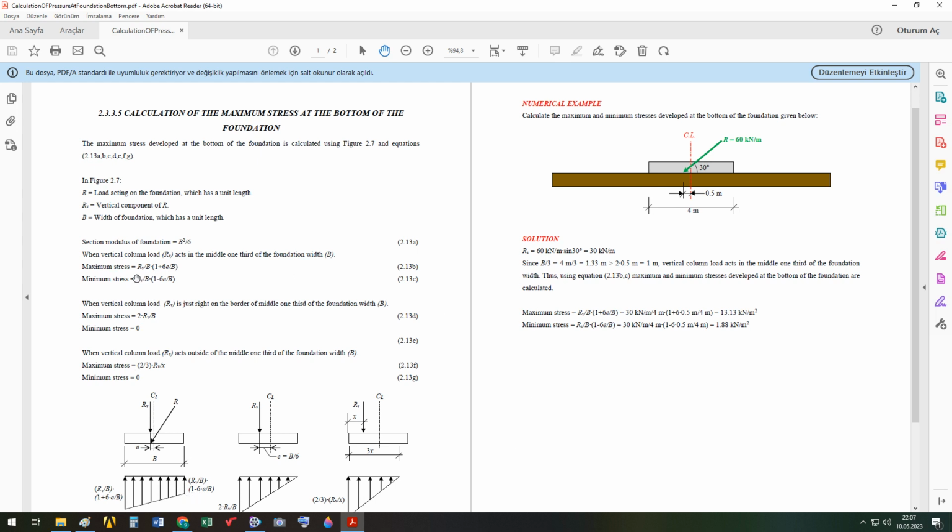Then by employing those formulas, the maximum stress is calculated from this equation. You see the value of RV is 30 kilonewton per meter divided by B, which is 4 meters, and E is 0.5 meters, B is 4 meters, the foundation width. We obtain the maximum stress. And the minimum stress is similarly obtained from this equation.